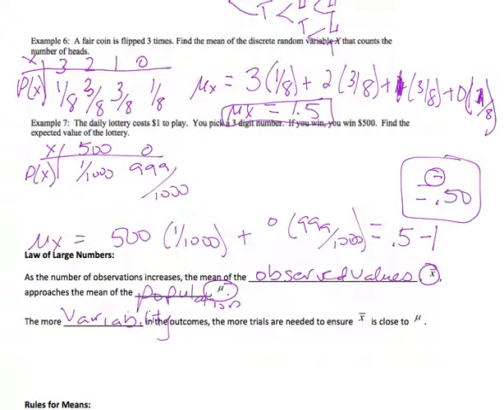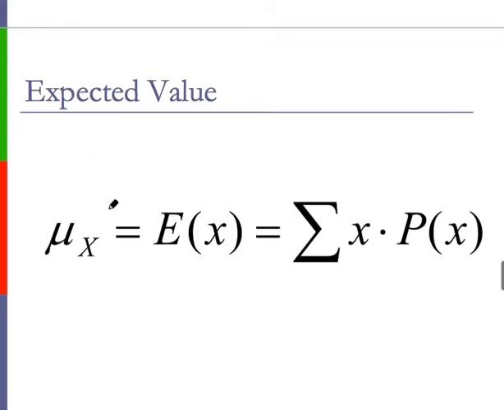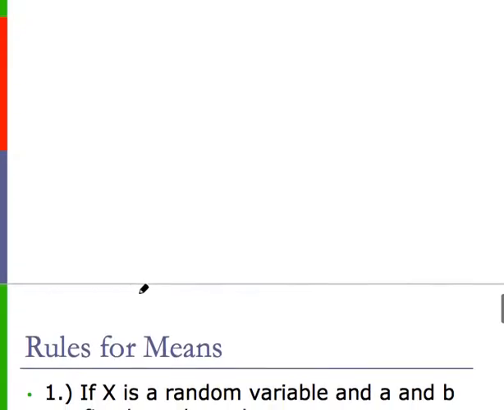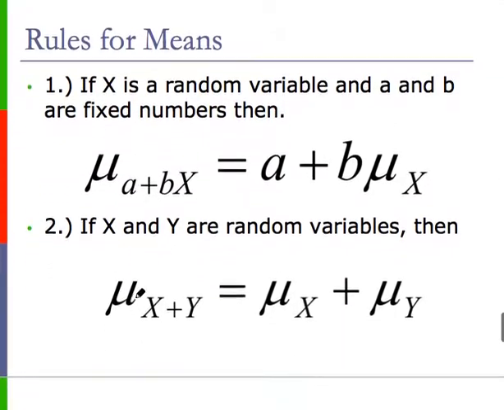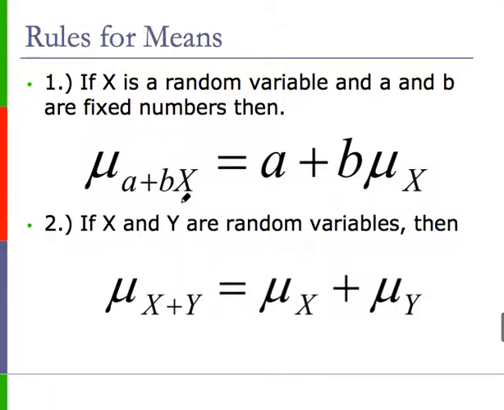All right, so the expected value, the examples. Okay, so here are some rules for the means. If x is a random variable and a and b are fixed numbers, then mu sub a plus bx is equal to a plus b times mu sub x.